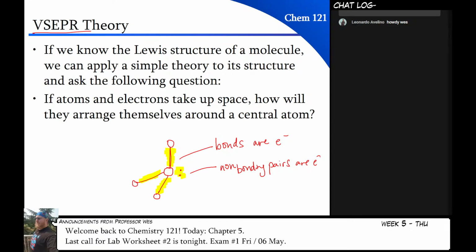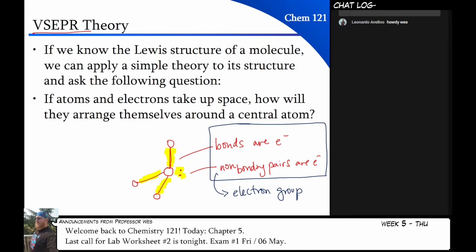So each of these things, we're going to count what are called electron groups. When I'm counting electron groups, I'm going to count either bonds that exist around the central atom or non-bonding pairs.